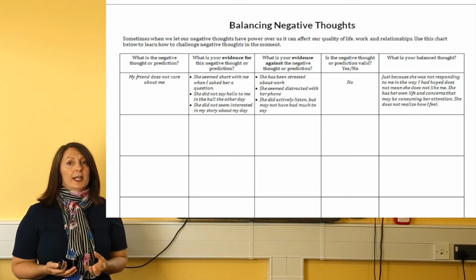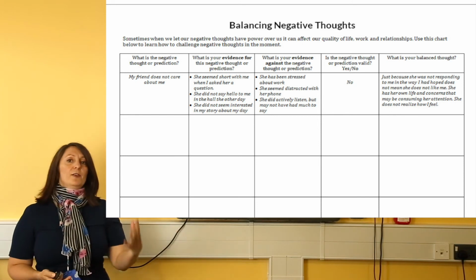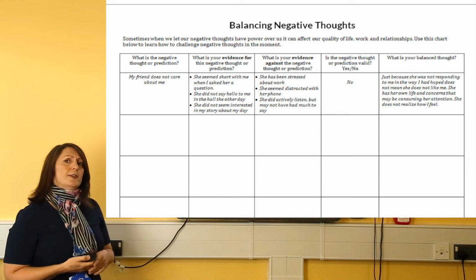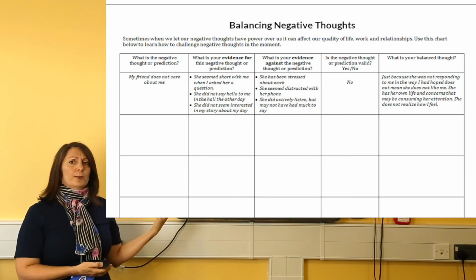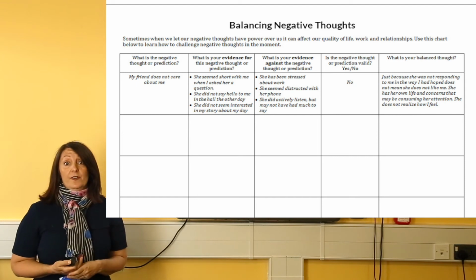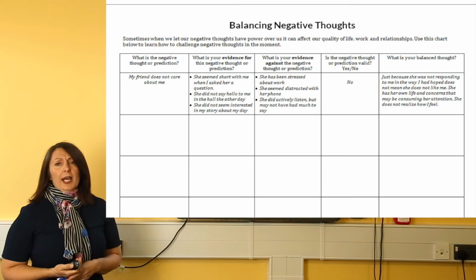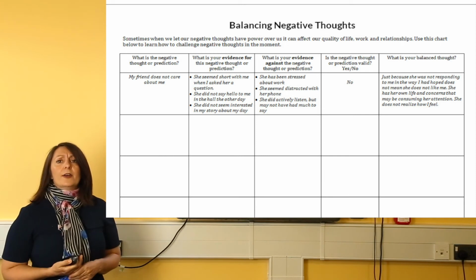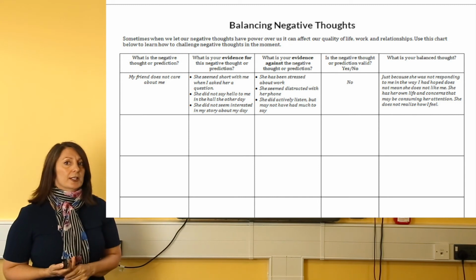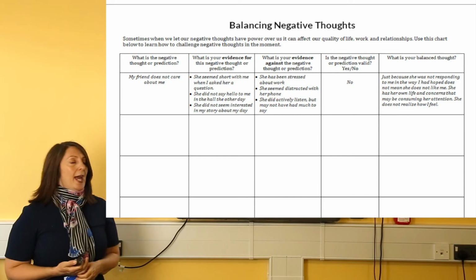If it's a fear of failing, for example, you've looked at the evidence for, and there might have been a test last week where they didn't do so well, but there might be evidence from the week before and several months before and years where they've done really well, and it was just an off day, and it doesn't mean that they're going to fail in the future. So you can start to build some really factual evidence, and I think that's important. Keep it factual.